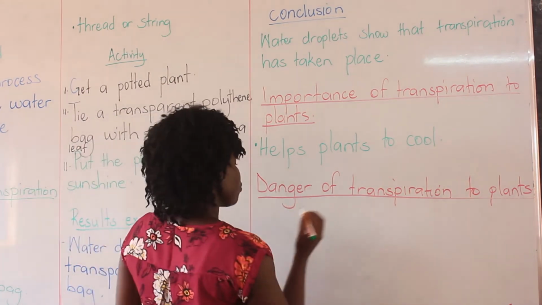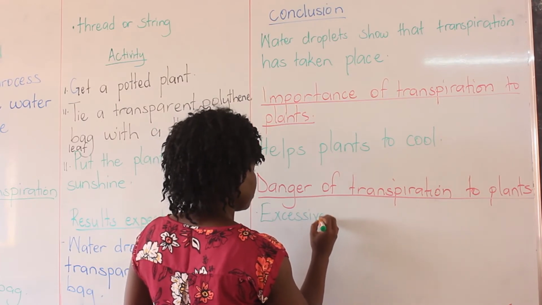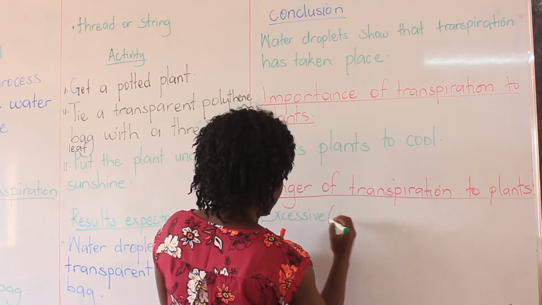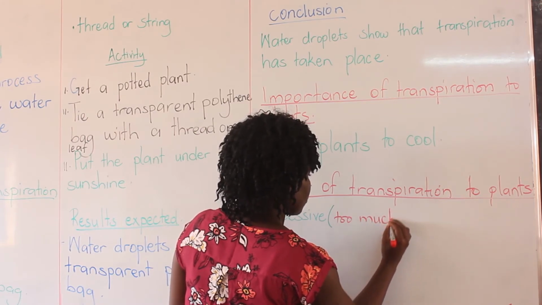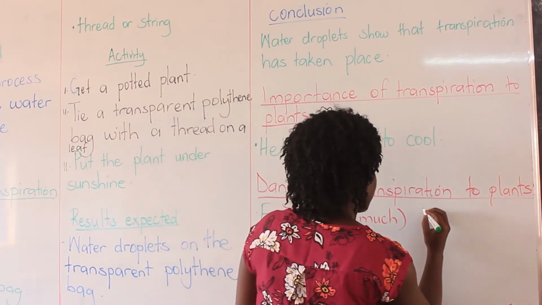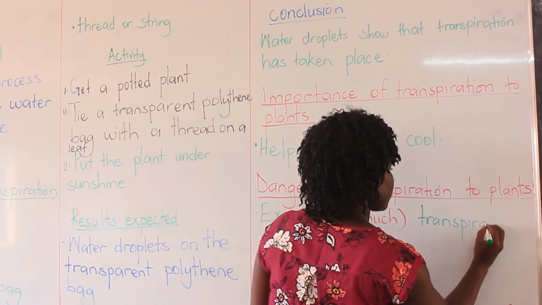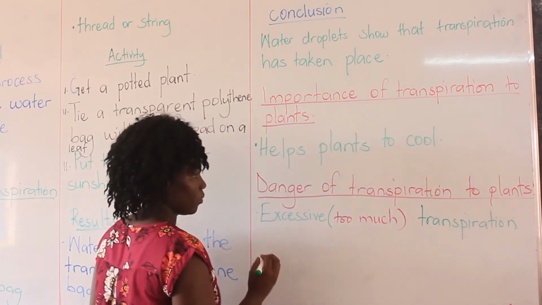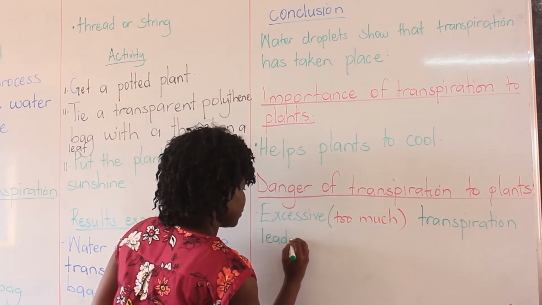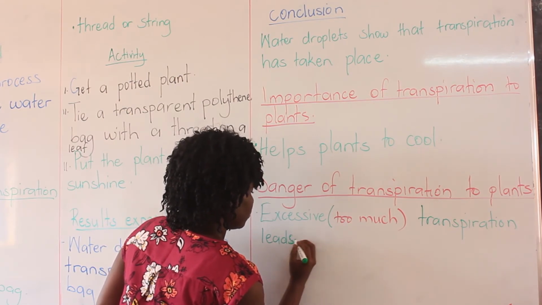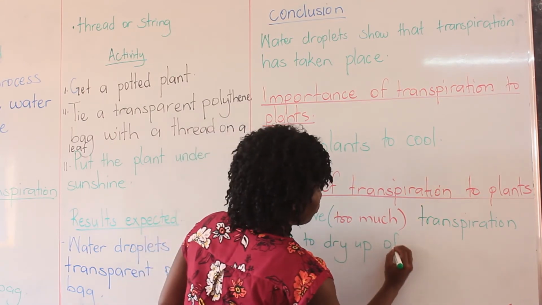So in practice we're going to say too much, excessive transpiration leads to drying up of a plant.